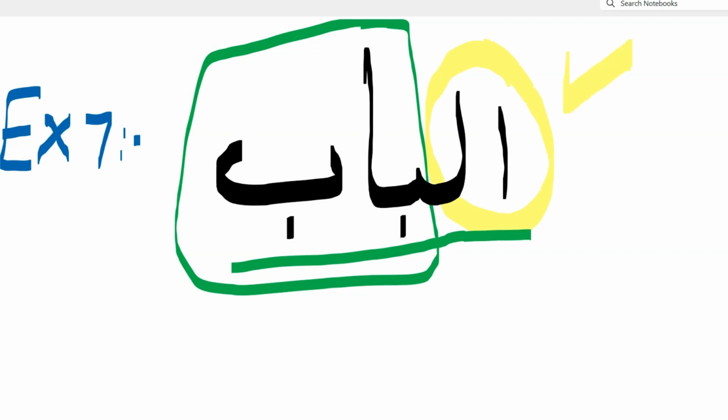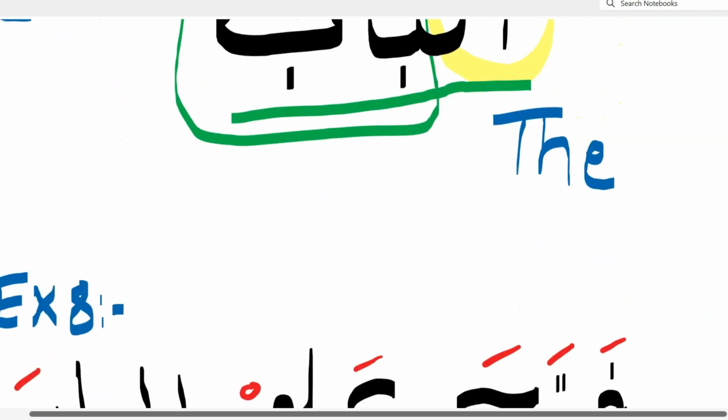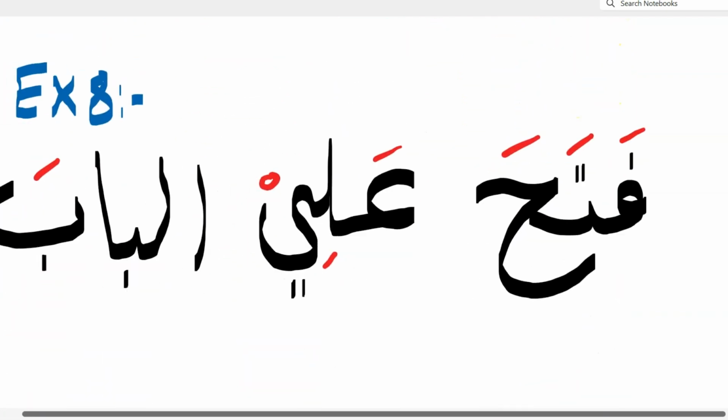This is the defining L. When you say bab, it means a door, any door. But al-bab means the door. You can add al to any noun to define it, like you're specifying a certain door or a certain object.